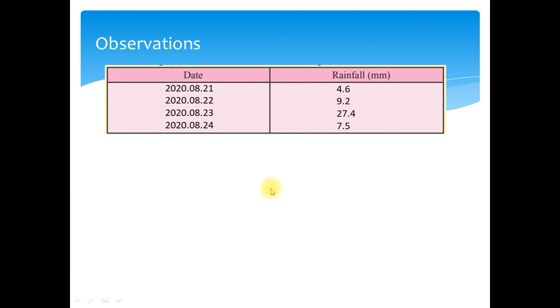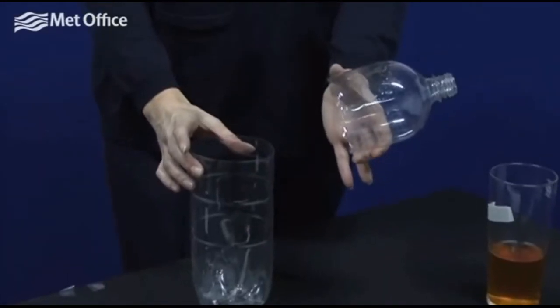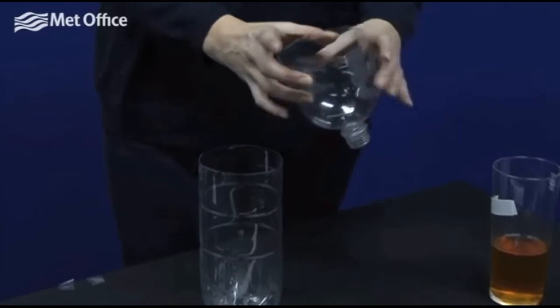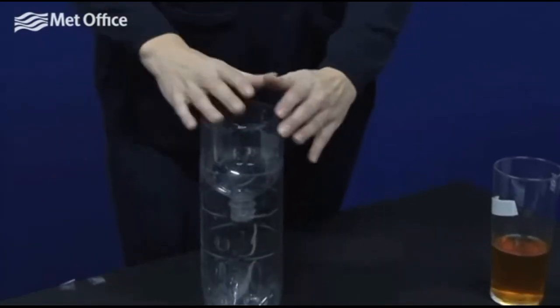If you observe clearly, the highest rainfall was obtained on 23rd 8, 2020, and the lowest rainfall was obtained on 21st 8, 2020. This video explains how a simple rain gauge can be made.